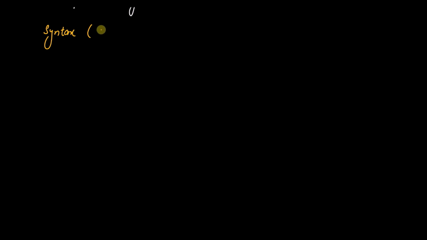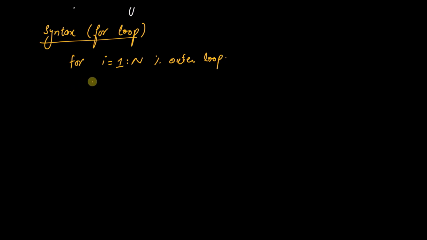First we have the syntax of the for loop. We have the word for that turns blue, and we have an outer loop from 1 to n. That is our outer loop. Secondly, we have another for loop that we denoted with j, starting from 1 and ending with m, and this is our inner loop.